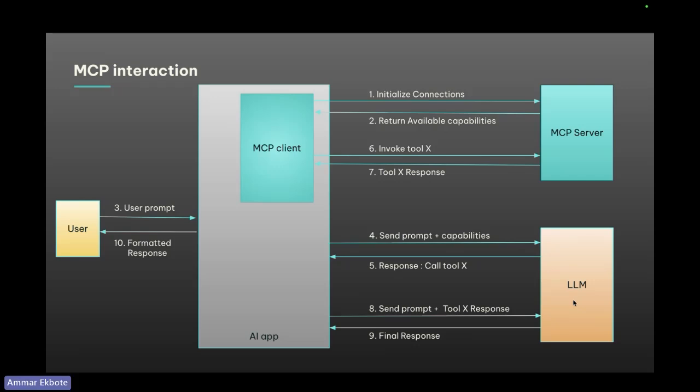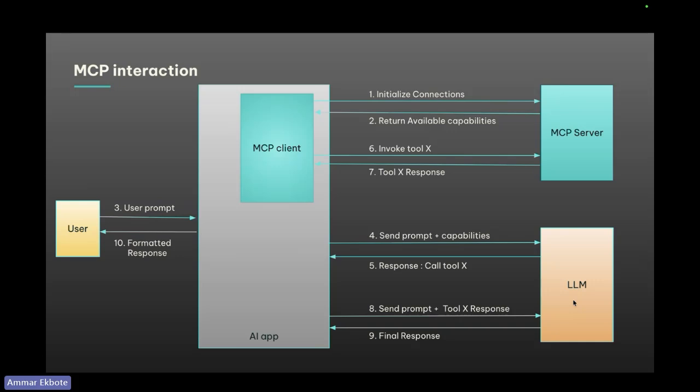In response to this, the MCP client will send a request to the MCP server using the MCP protocol to invoke that particular tool with some set of parameters that might be provided by the LLM or that the agent might have in place. Now, when the MCP server gets this request, it might do a bunch of actions.